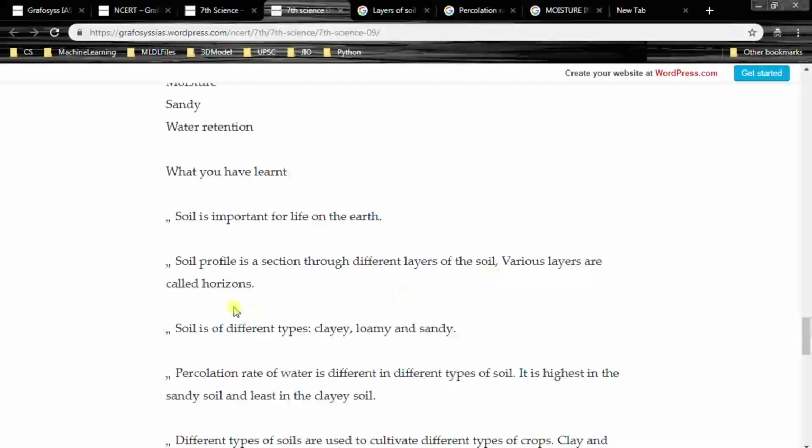Various layers are called horizons. Soil is of different types: clayey, loamy, sandy. Sandy is bigger particles, clay is small fine particles, loamy is in between the two.